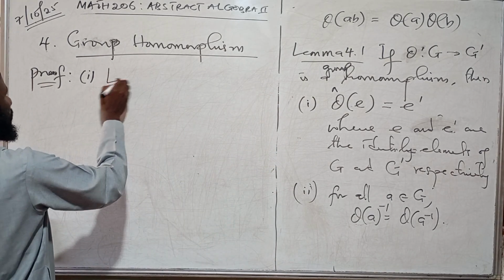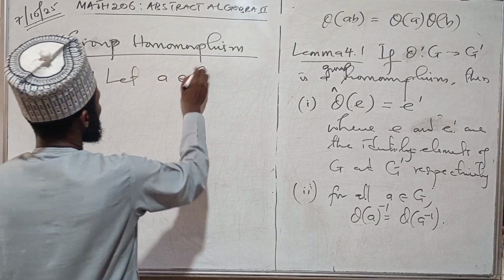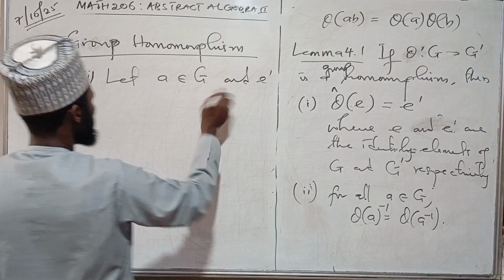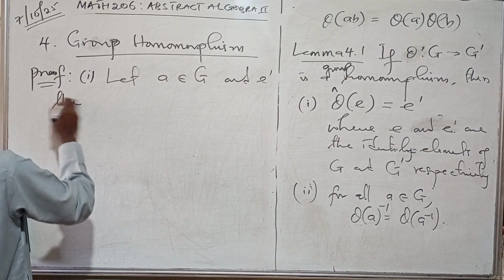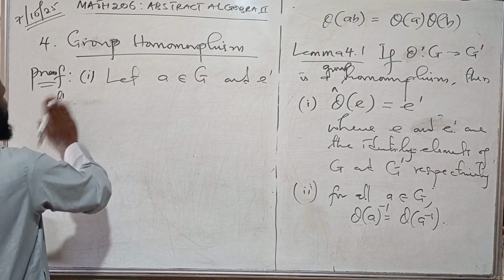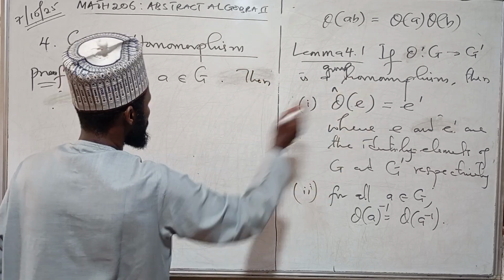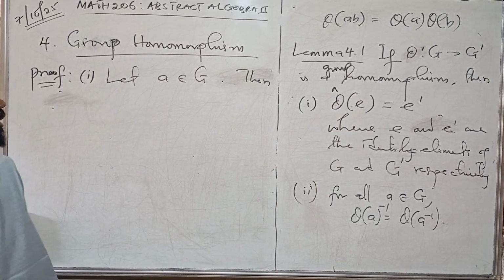So let A be in the group G. I am assuming E is the identity in G, and E prime is the identity in G prime.